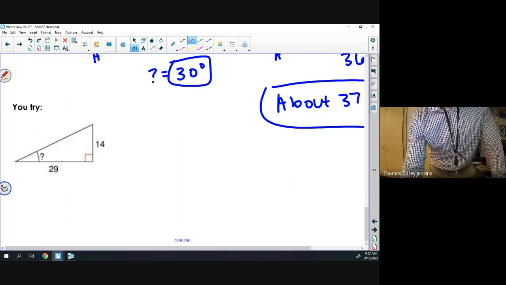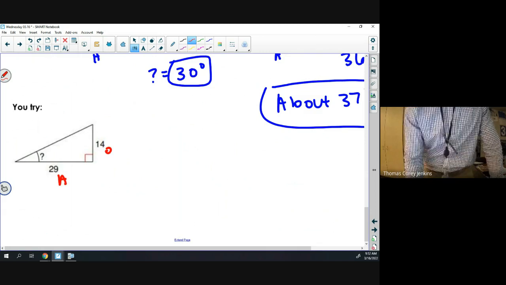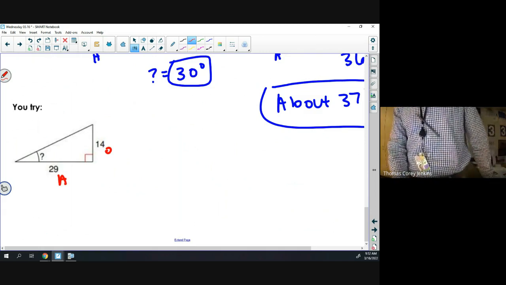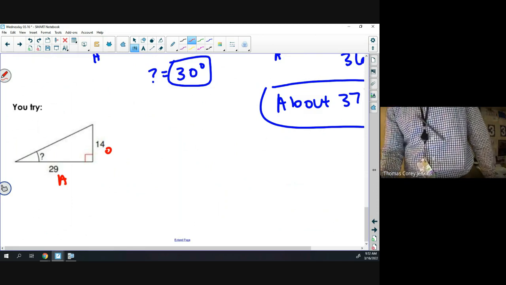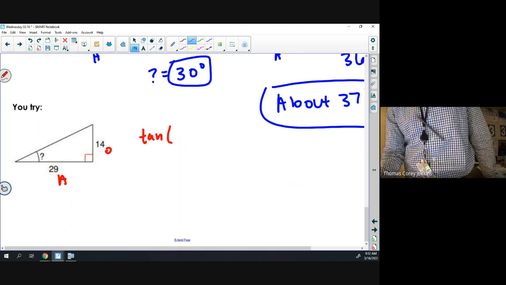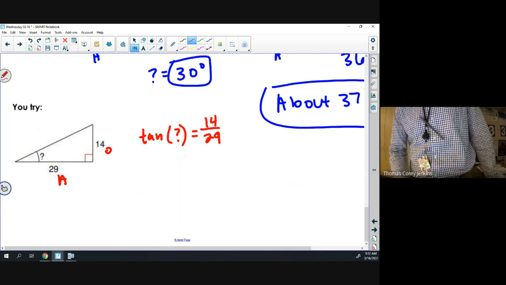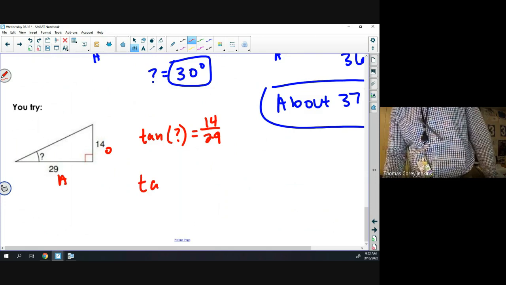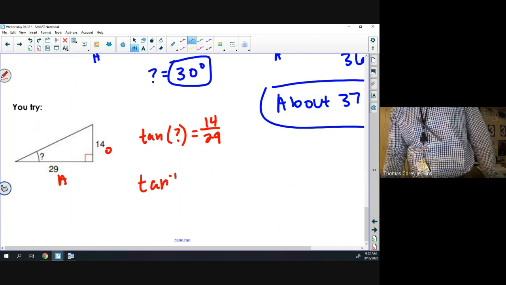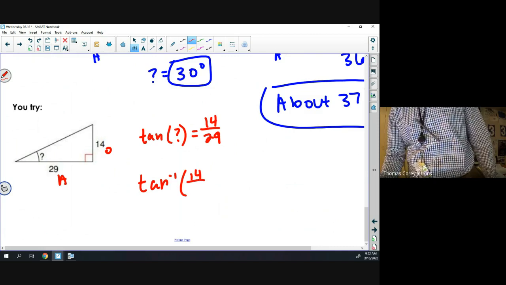All right, this is how we do this last one. Given the opposite and the adjacent sides, that tells me tangent. So tangent of what we're looking for is 14 over 29. We know what we're going to type in then is arctan of that fraction.